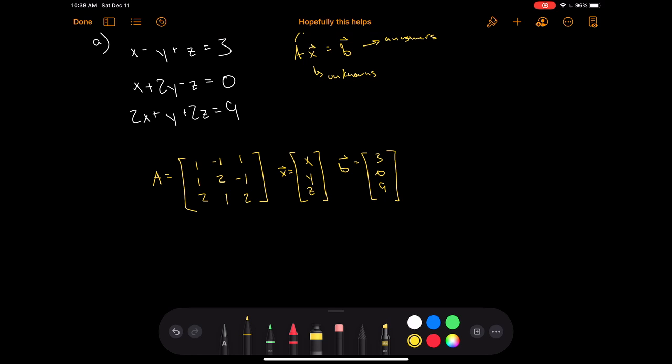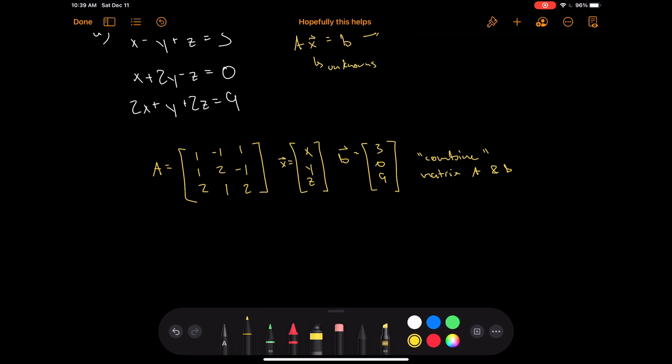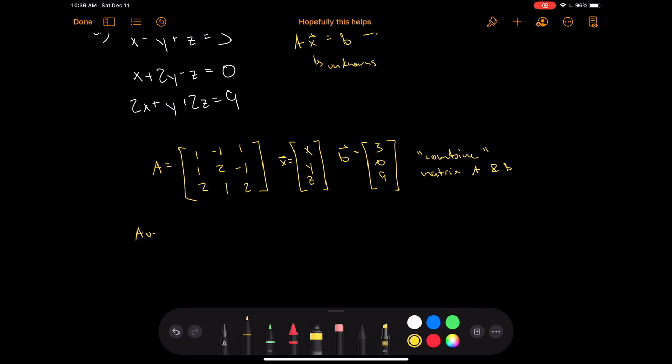What we're going to do is combine matrix A and b, and this would be our augmented matrix, which is denoted as A with a line in the middle, b.